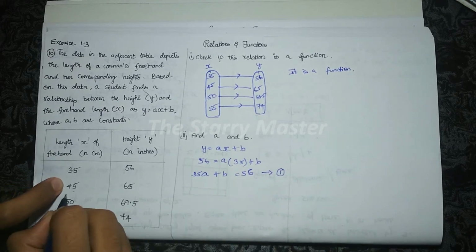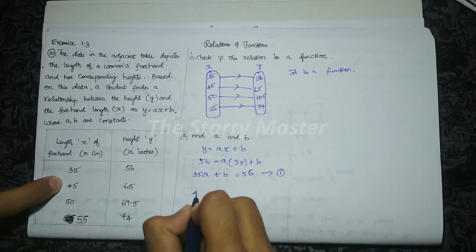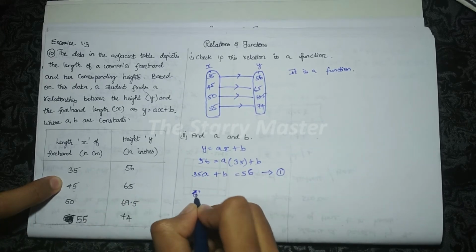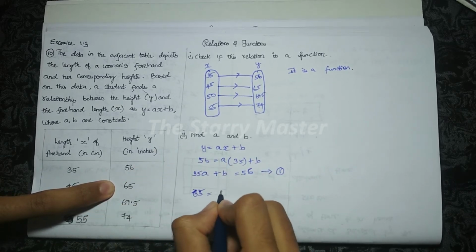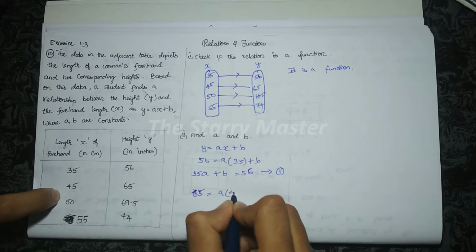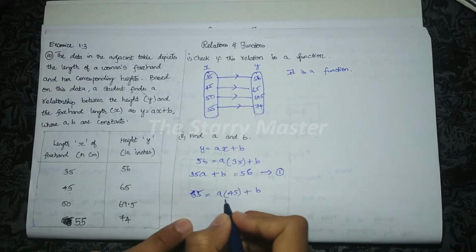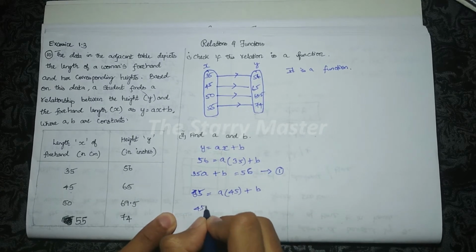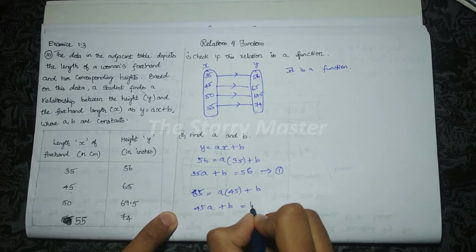Then we take the second value and substitute in this equation. The value of y is 65, equal to a times the value of x, 45, plus b. So 45a plus b equal to 65.